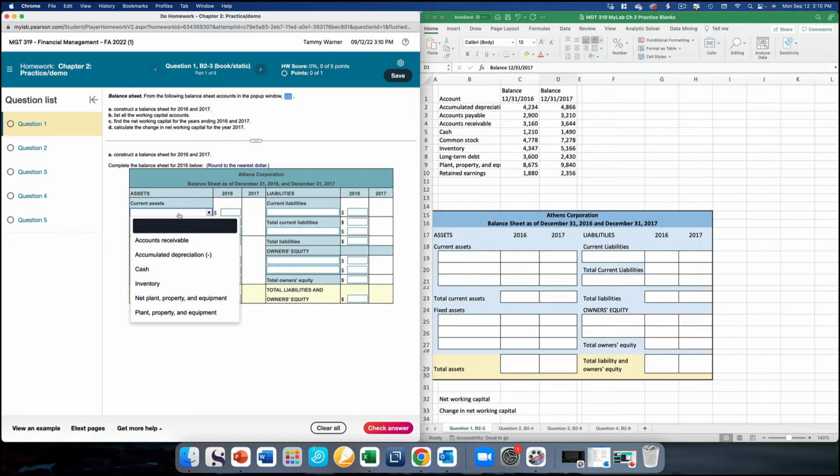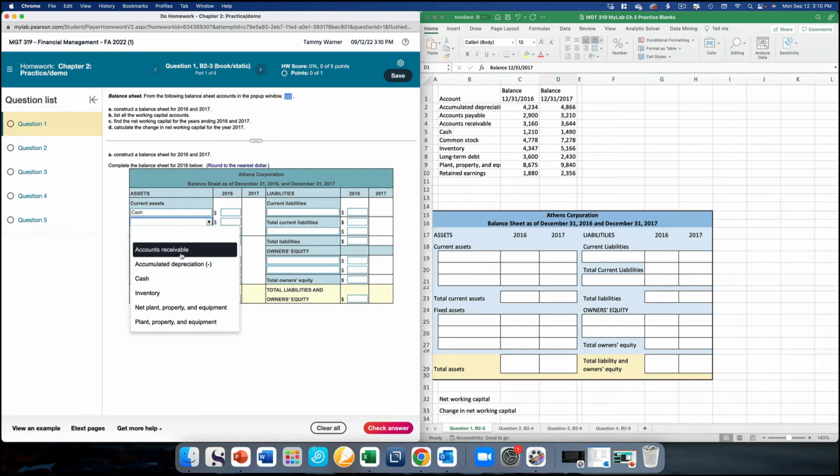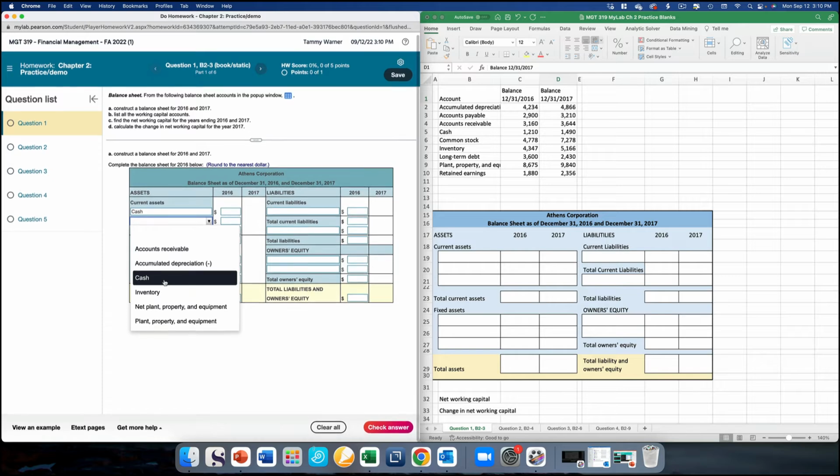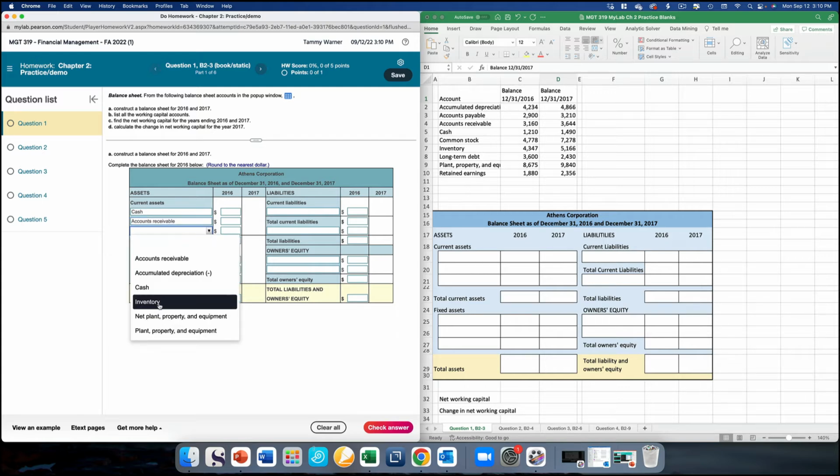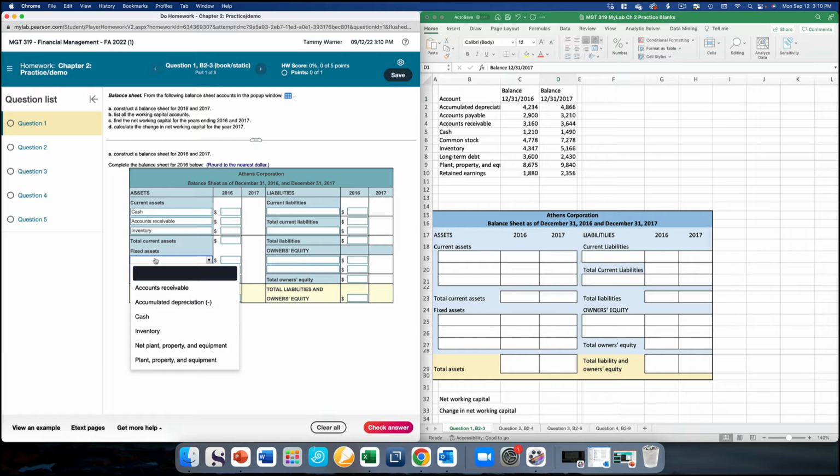Right, so remembering that assets are listed in decreasing order of liquidity, that means that cash is going to go first, and then maybe accounts receivable next, and then inventory. And then our fixed assets, we report that as net property, plant, and equipment.